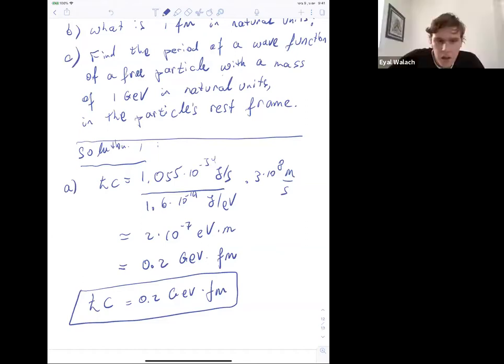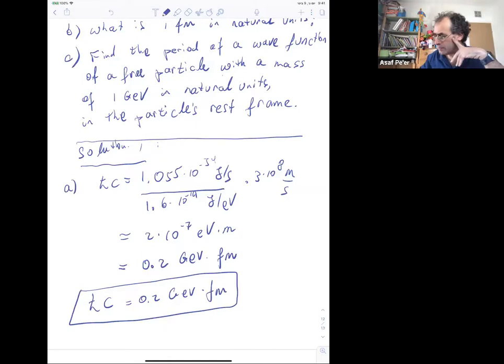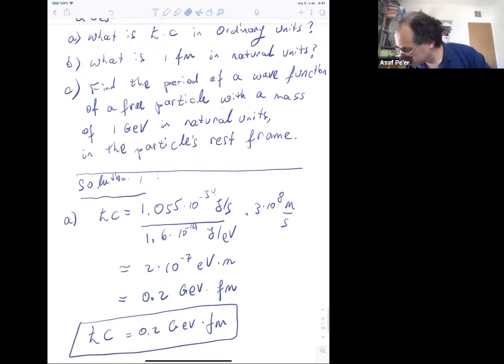Note you wrote H bar as joules per second instead of joules times seconds. That's because I made a mistake. Actually, I wrote it properly in my note, so the mistake happened now. Of course, the seconds cancel out.